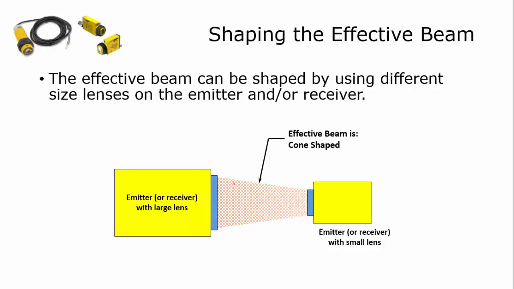You can shape the effective beam. You can have an emitter that has a large lens, a receiver that has a small lens, or vice versa. And now I've got an effective beam that is shaped as a cone. So you can shape it to different sizes, to different shapes, depending on the product that you're trying to sense.